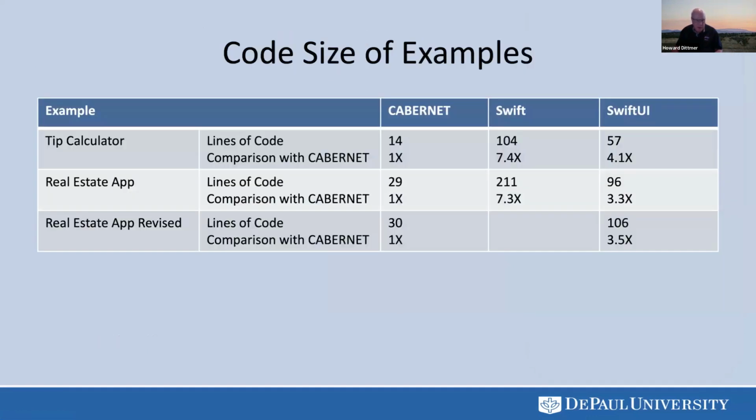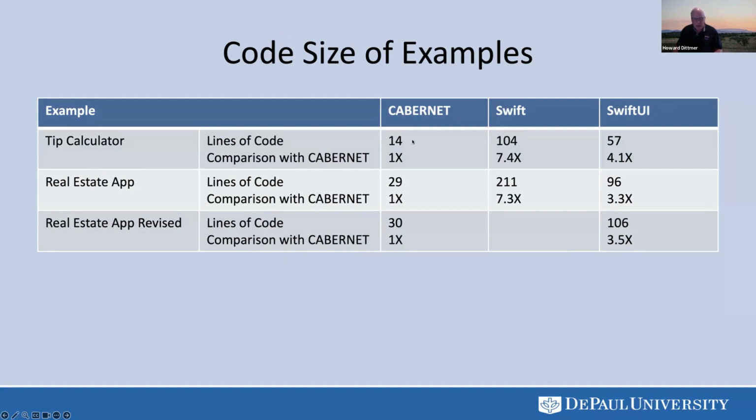So we have some relatively straightforward examples here. We have a tip calculator. We have a real estate application, storing information about a real estate lot being sold, how much area it is, what the price is, what the address is, and then we have a third application where some of the input fields are modified based on what information is provided.